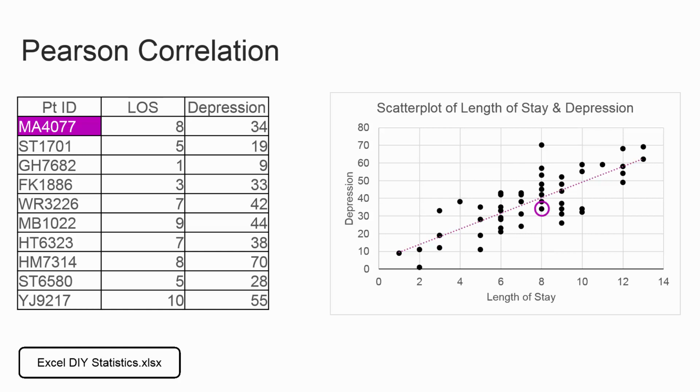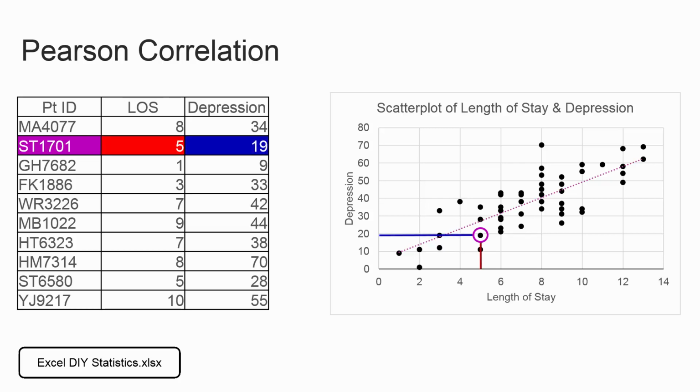It's here. The position of this point is determined by the patient's length of stay, 8 days on the horizontal axis, and a score of 34 on the depression instrument on the vertical axis. The second patient, ST1701, is represented with this point, a length of stay of 5 days and 19 on the depression instrument.